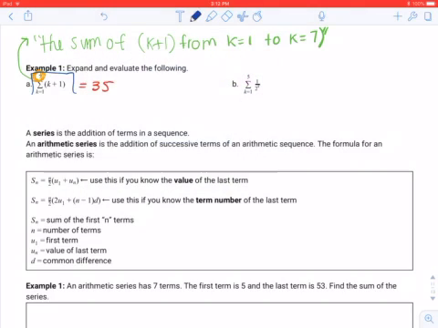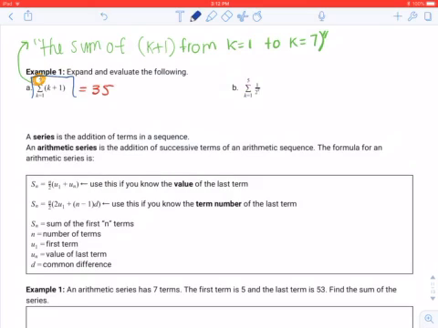In part B, we're working on the same type of problem. We just have a different function. Our first value of k is going to be 1, and we're going all the way up to k equals 5. So I end up with 1 over 2 to the power of 1, plus 1 over 2 to the power of 2, plus 1 over 2 to the power of 3, plus 1 over 2 to the power of 4, all the way up to 1 over 2 to the power of 5, because that is our top number.